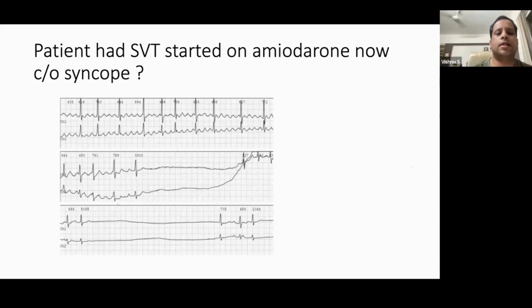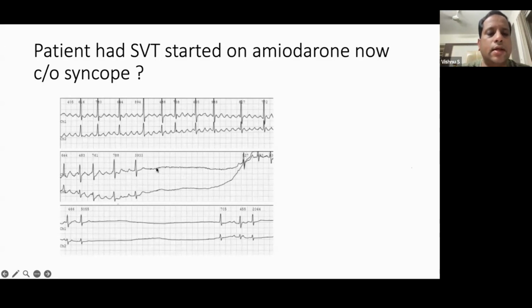This is the same sick sinus syndrome with a large pause, but in this patient there is a peculiarity for this pause. Can you tell about it? There is a sawtooth-like wave in the upper strip, and this tachycardia terminates here due to the drug or spontaneous termination.